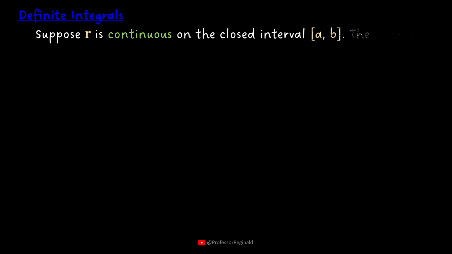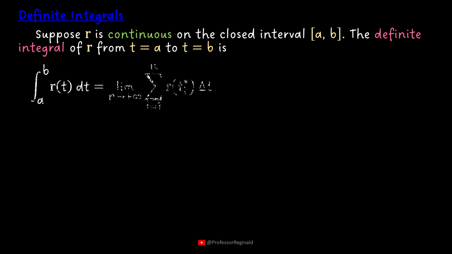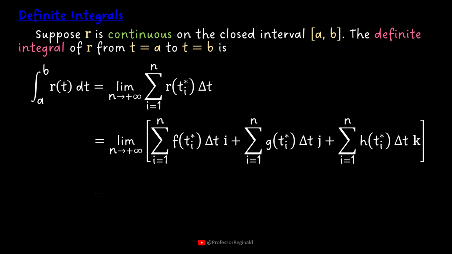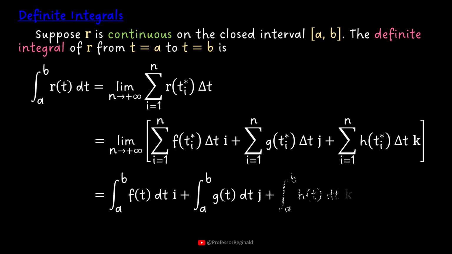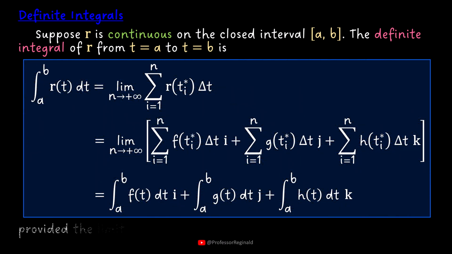Next, let us define definite integrals. Suppose a vector-valued function is continuous on the closed interval [a, b]. The definite integral of the vector-valued function from parameter equals a to parameter equals b is the limit of the Riemann sum of each component function, as the number of subintervals of the sum approaches positive infinity, provided the limit exists.